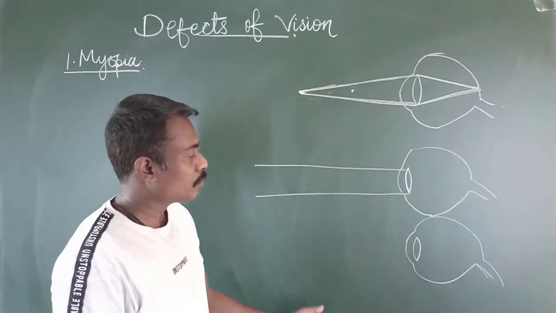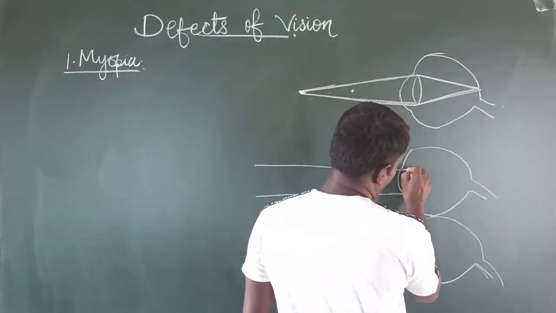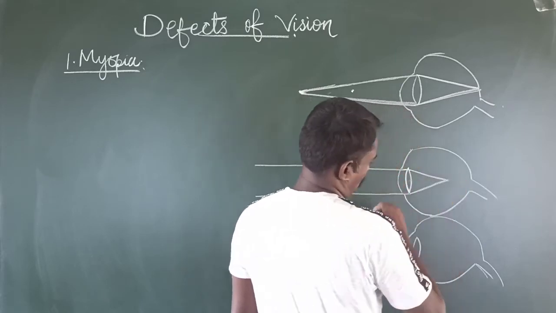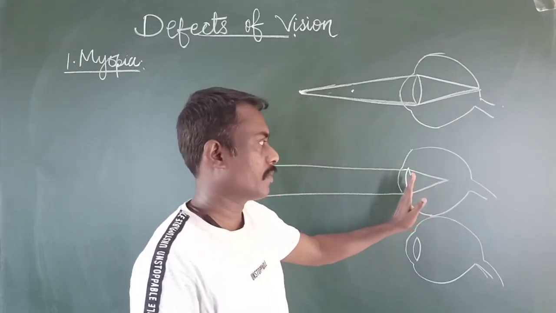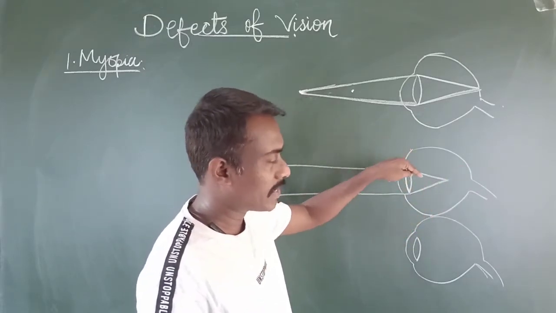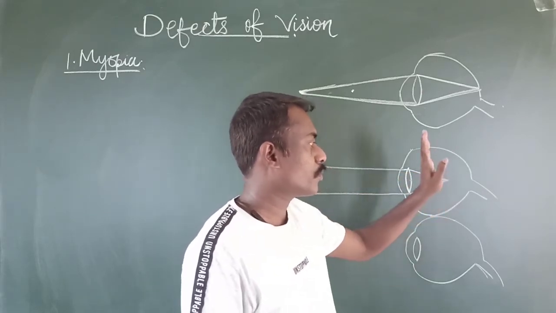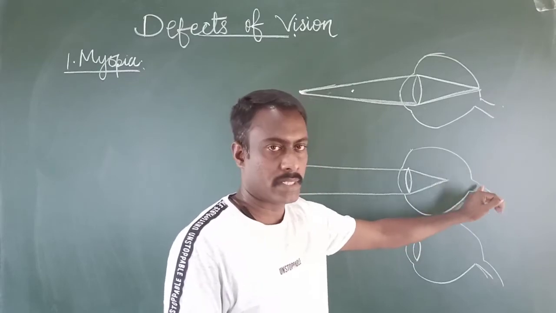Okay, and these parallel rays are converged by the lens, and focused or converged at a point just in front of the retina. To get a clear image of the object, the light rays have to converge at a point on the retina.